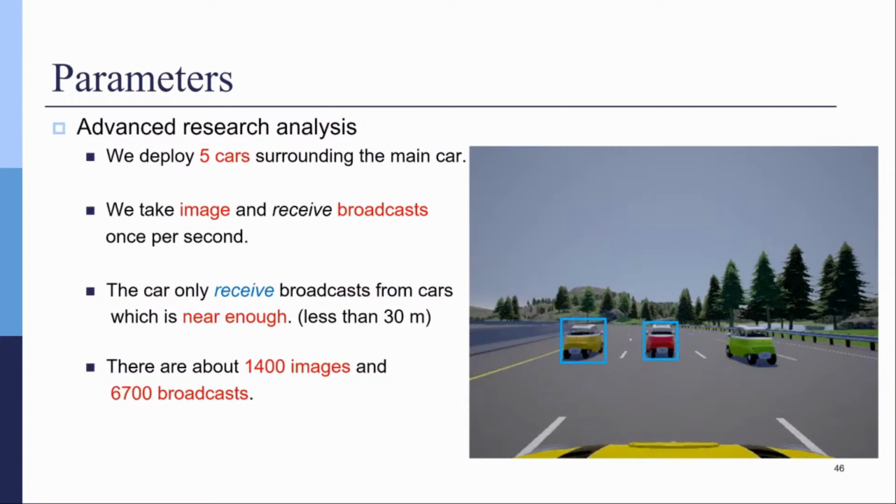The car only receives broadcasts from cars which are near enough. The distance needed to be less than 30 meters in our setting. There are about 1,400 images and 6,700 broadcast packets in the dataset.